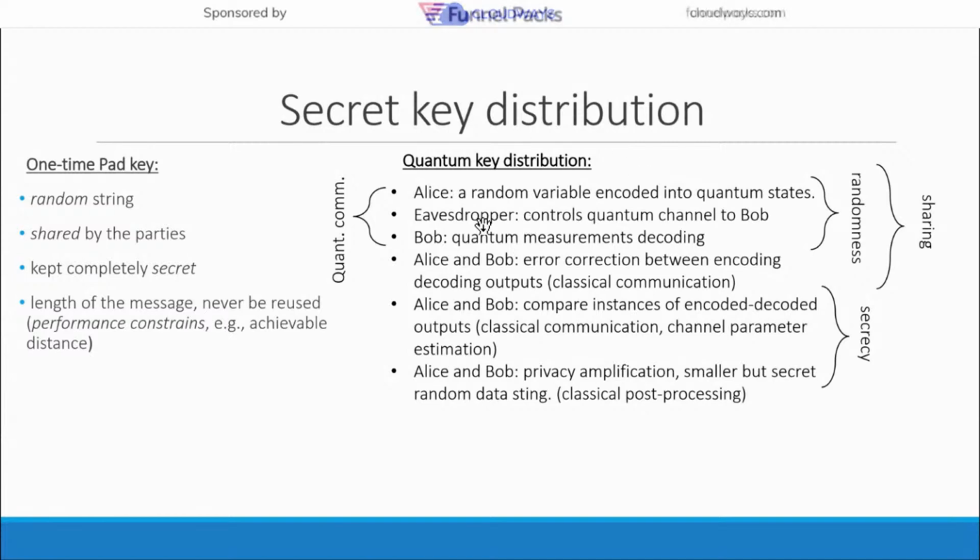In the middle, we assume that the eavesdropper controls the channel, so controls all the noise and any other property of the channel. By doing that, we have achieved the randomness step, let us say.